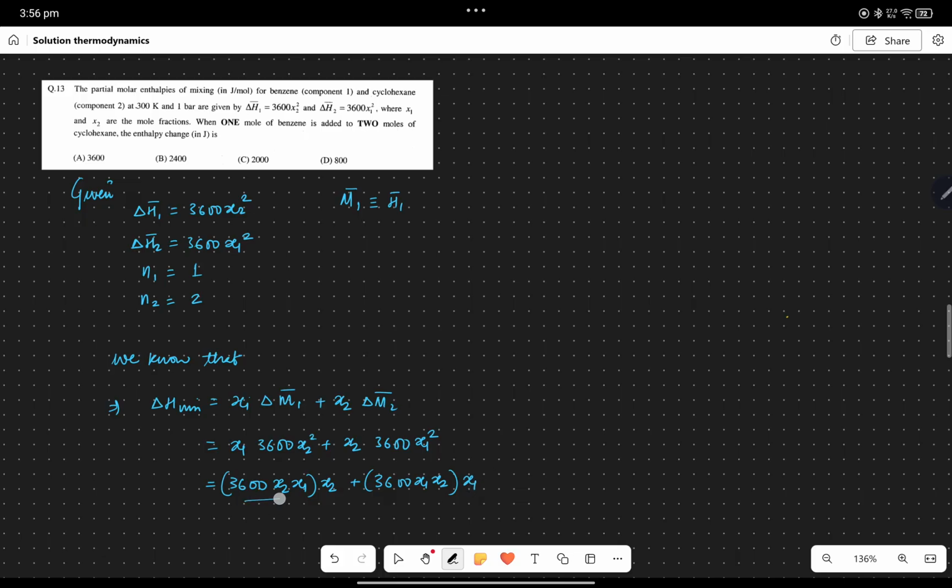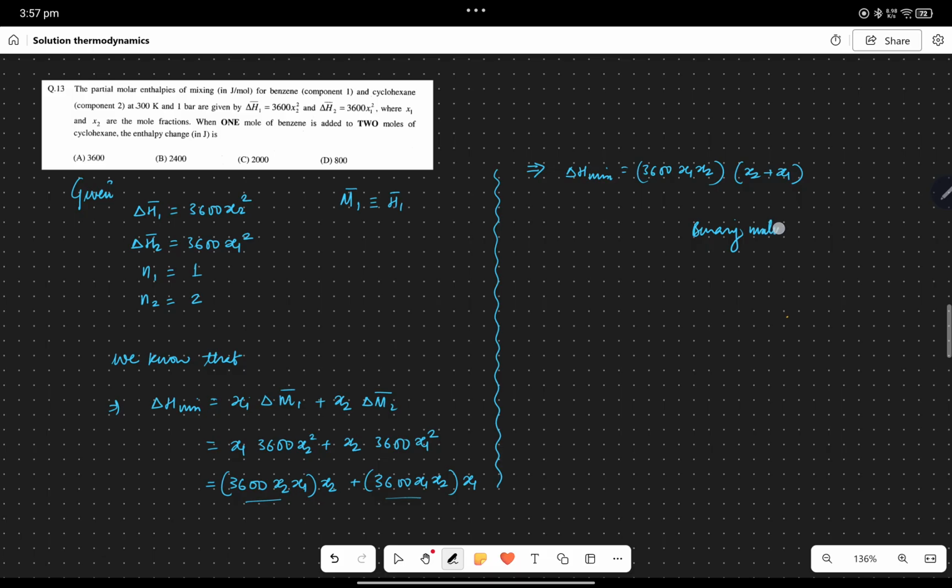So now you can see that these two terms are common, and you can take that common like this. So you get delta H mix as 3600 x1 x2 into x2 plus x1.